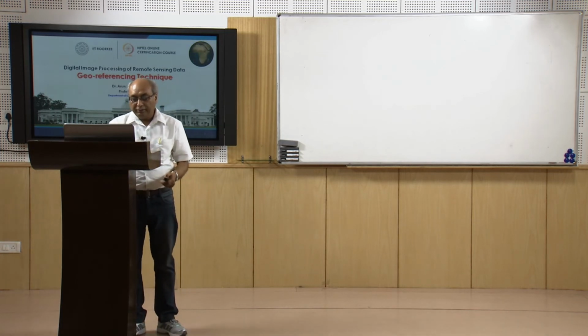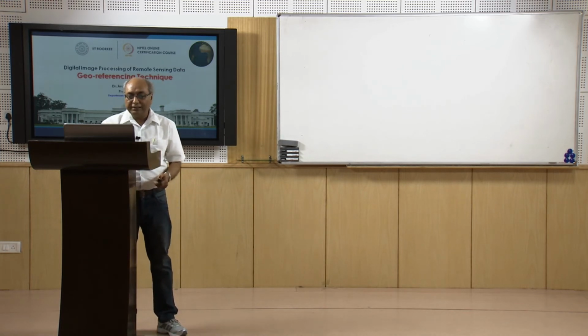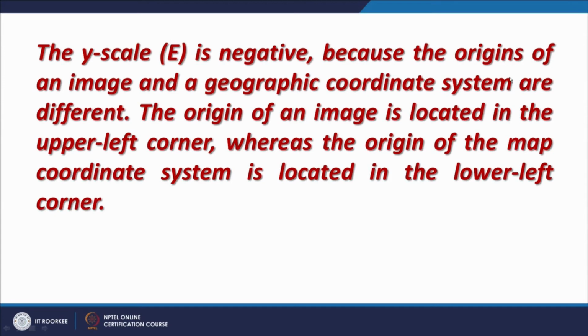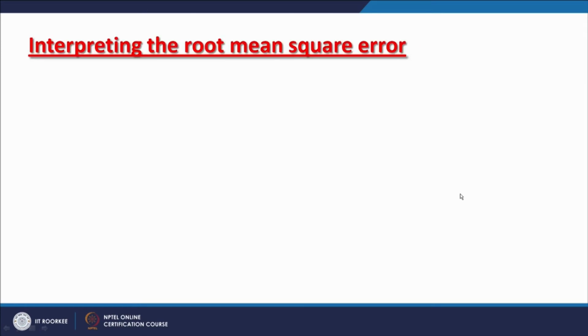So this negative in the y scale has to be incorporated. As I have just mentioned, the y scale, that is E, is negative because the origin of an image and a geographic coordinate system are different: the origin of the image is located in the upper left corner, whereas the origin of the map coordinate system is located on the lower left corner.